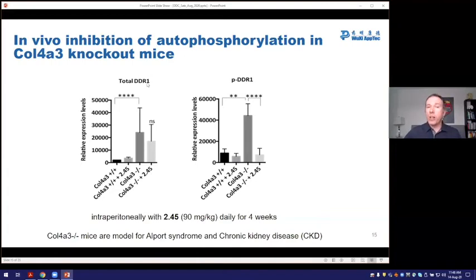However, DDR1 autophosphorylates itself. And so when you inhibit the autophosphorylation of DDR1 with compound 2.45, we see now the levels of phosphorylated DDR1 with the addition of the compound 2.45 is reduced to the same level as that of the healthy mouse.